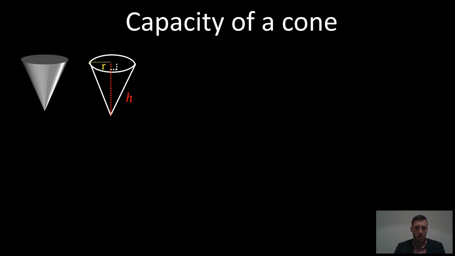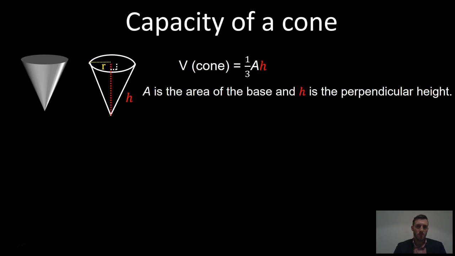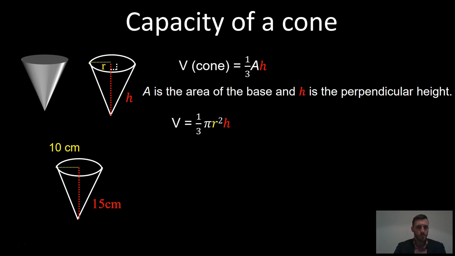Let's look at the capacity of a cone. In order to find the capacity of the cone, first we have to work out the volume. So the volume of a cone is given by 1/3 the area of the base, in this case, it's the top, times the perpendicular height. Now we have our cone with some measurements. So we substitute in our known values, and we know the formula for the area of a circle is pi r squared.